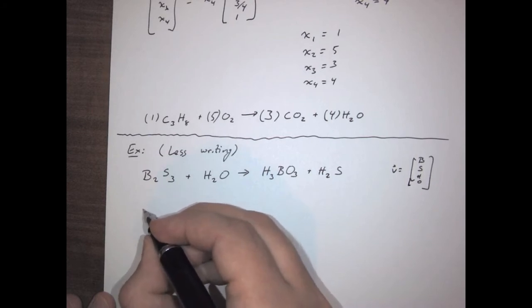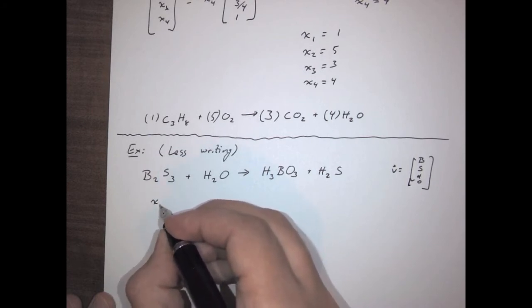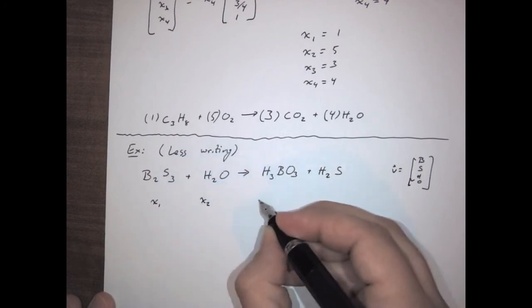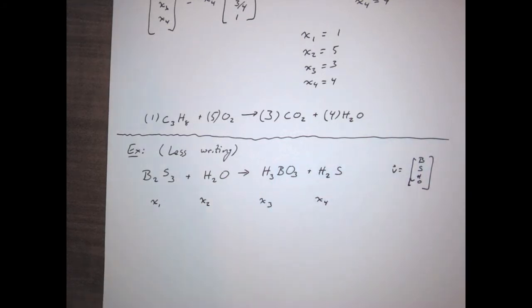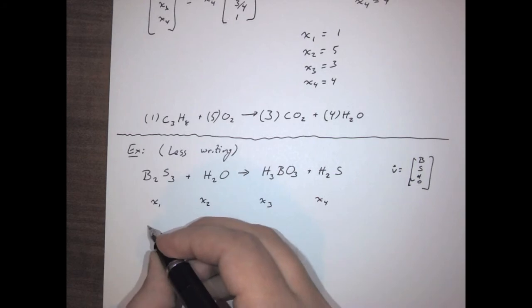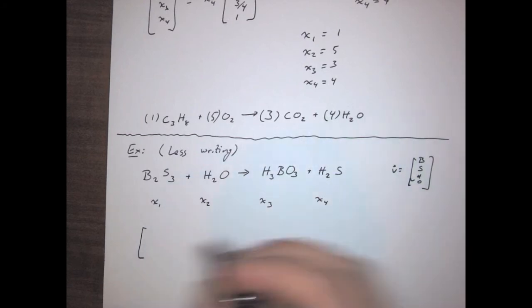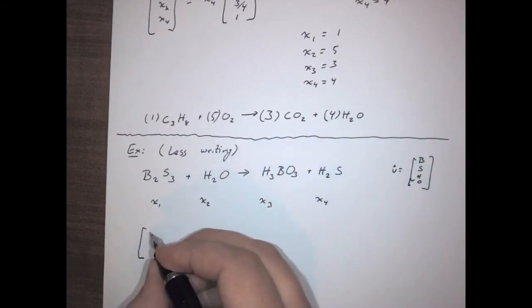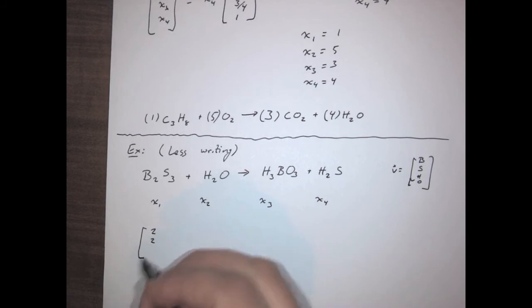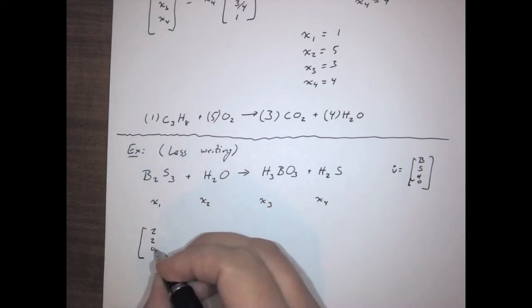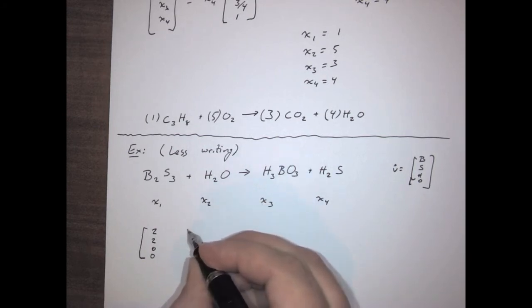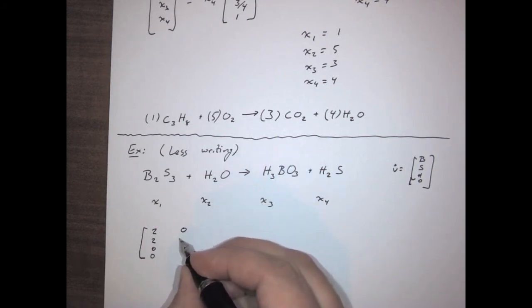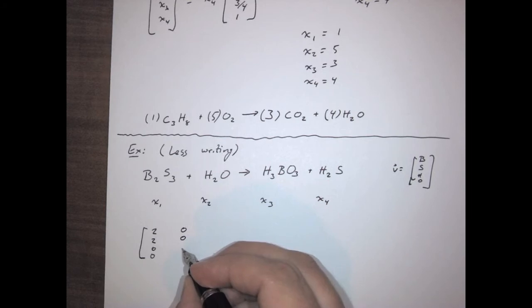So then what we're going to have is for x1, x2, x3, and x4, let's just think about how this is all going to play out. We're going to have here 2 for the boron, 2 for the sulfur, 0 for hydrogen, 0 for oxygen. On this one, 0 for boron, 0 for sulfur, 2 for hydrogen, 1 for oxygen.